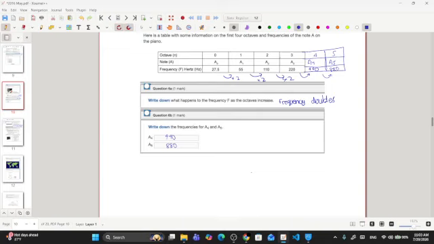F3 is essentially the same thing as A3. It says that F3 can be written as F naught multiplied by 2 raised to the power of k.